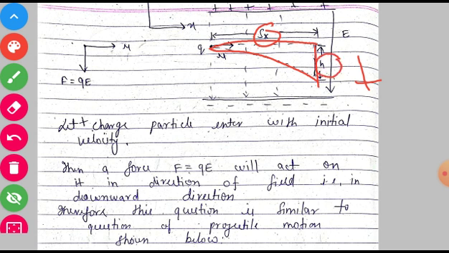So I have assumed that in time t, the particle has moved through some horizontal distance sx and through vertical displacement h. Okay. Now let's first find out what time the charged particle will take in going from this point to this point. Okay. So let's first analyze the question.